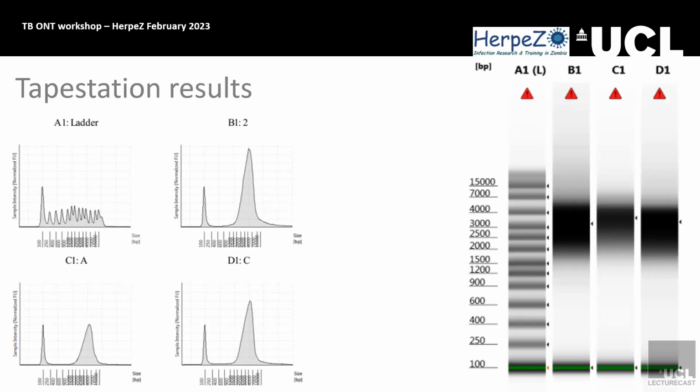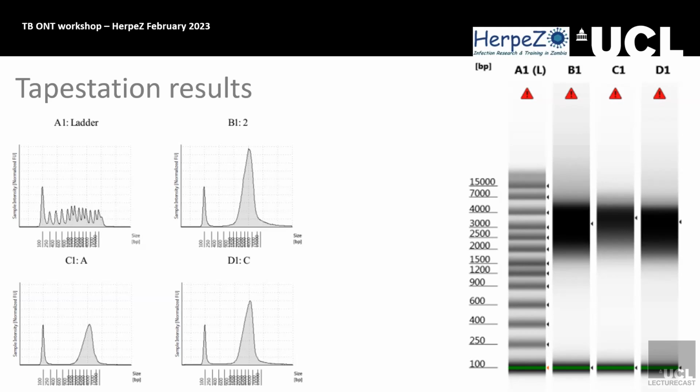These are examples. On the right is the picture you get from the TapeStation. It shows what your lanes were, and there's your ladder on the far left, and then you can see a smear in the middle.